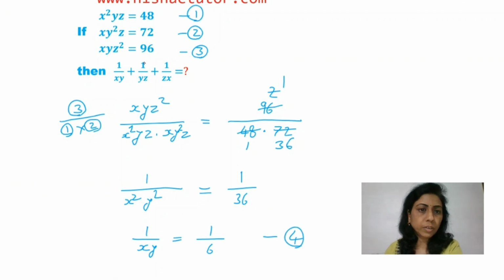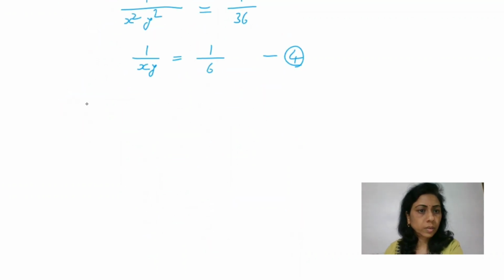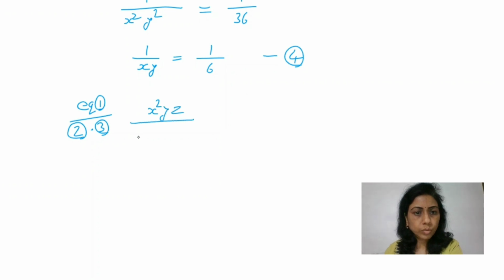Now we have to find out 1 upon yz value. So equation 1 divided by equation 2 and 3. What is equation 1? x square yz, second xy square z, and third xy z square.